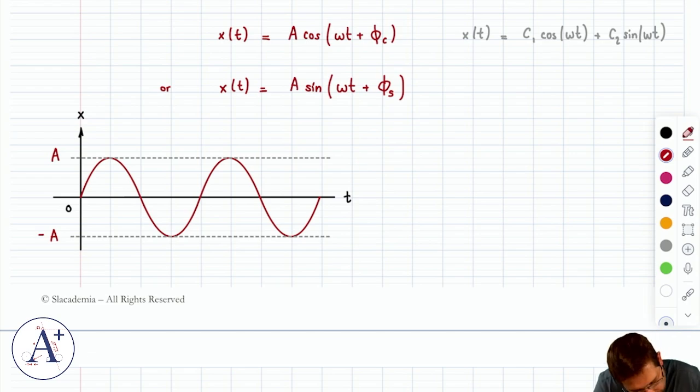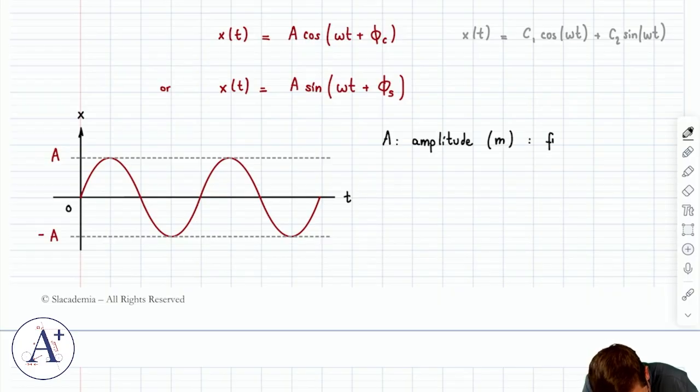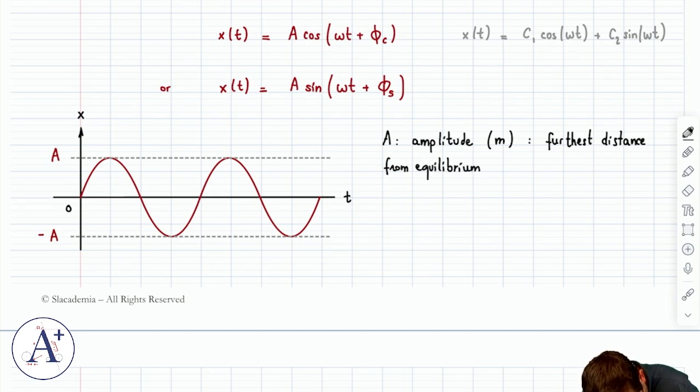And then we can define these different quantities. So first of all, A is the amplitude. It's a distance, so it should be in meters. Sometimes you'll find it in centimeters because it's a bit more practical. Okay, and this is the furthest distance from equilibrium reached by the oscillator.